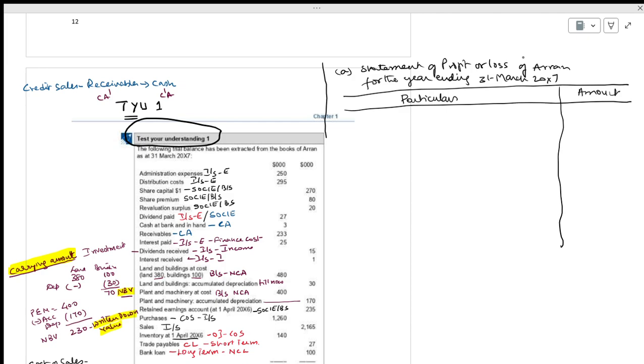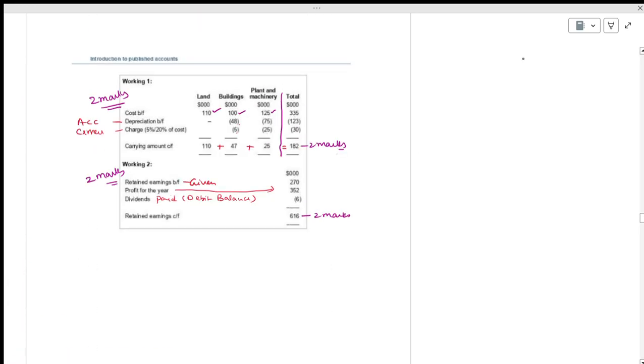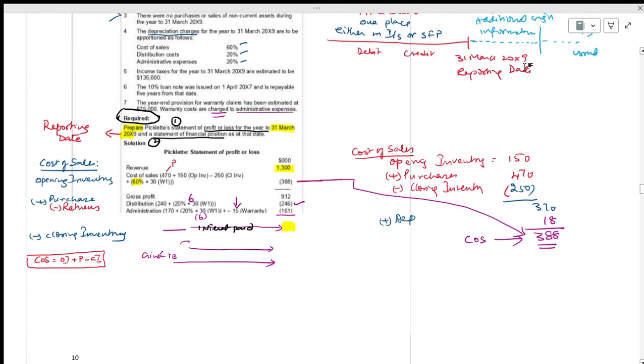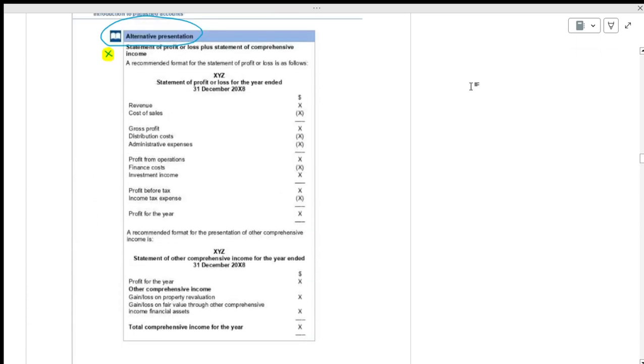Now, where do we have to start? Income statement. Keep this format in front of you, if you have taken the printout. Revenue, sales or income are all the same; there is no difference.